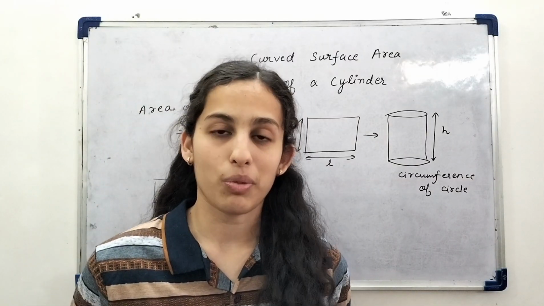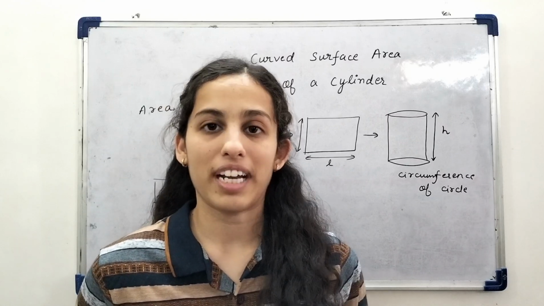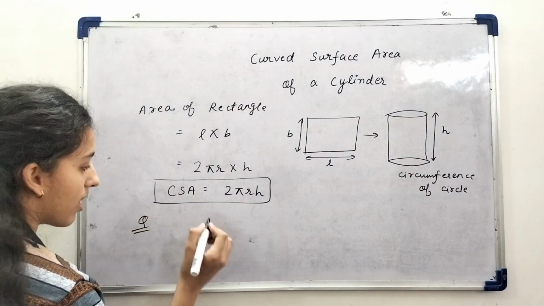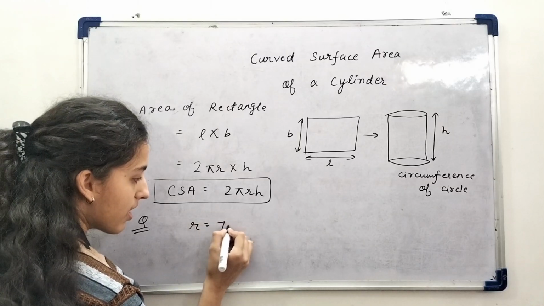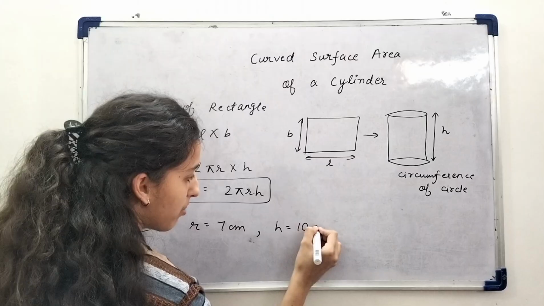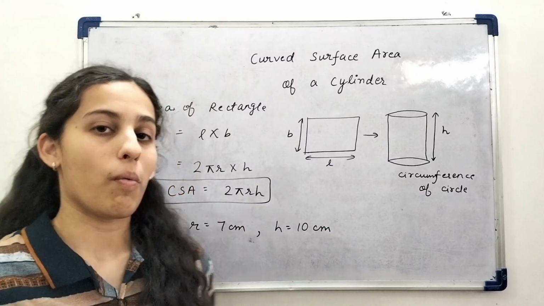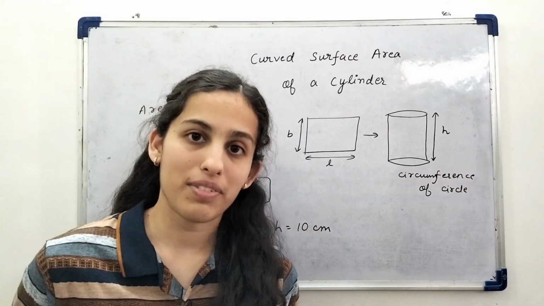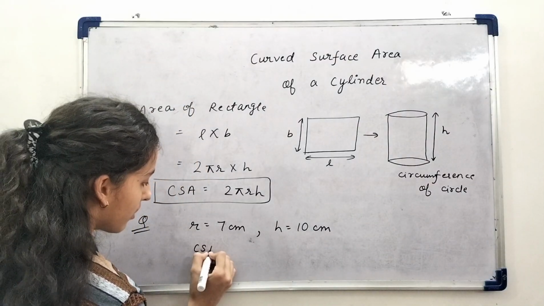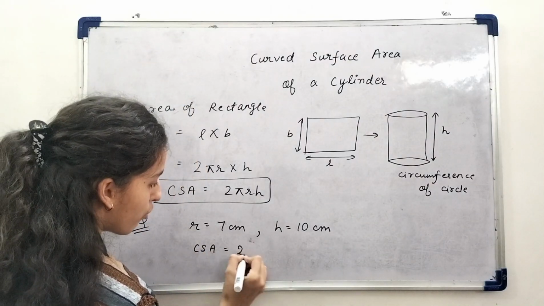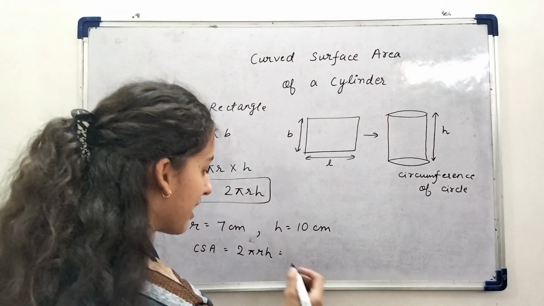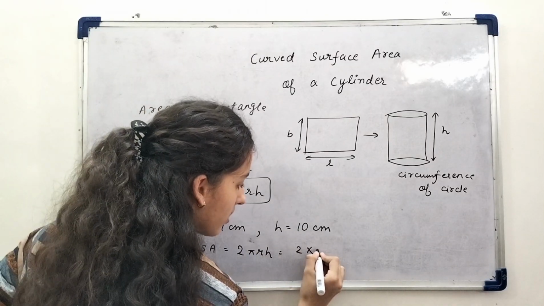Let's solve one question and try to find the curved surface area. Suppose a cylinder has radius 7 cm and height 10 cm, then what is the area of its curved surface? Let's find out. The curved surface area formula is 2 pi rh. Pi is approximately equal to 22 upon 7.